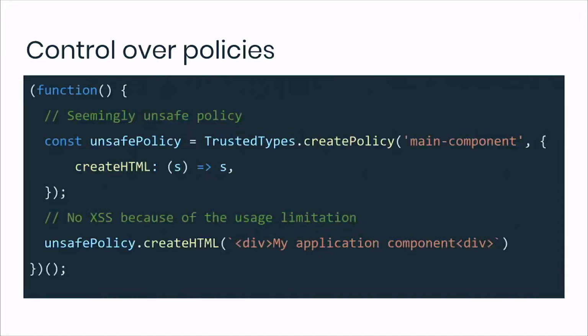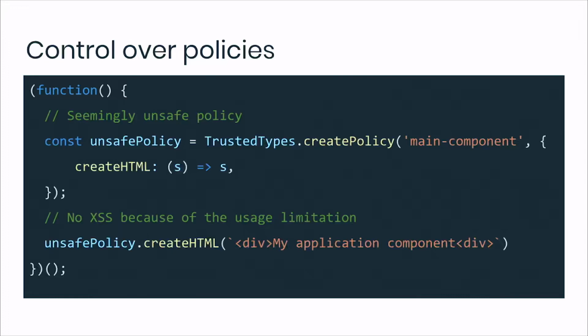Let's see an example. There's a policy that clearly is unsafe, right? It just takes any value with no sanitization and returns the same thing. However, we can argue that this code doesn't cause XSSs easily. Even statically, we can analyze that, because this policy never leaks outside of this function body, and this function body only is using it in this particular thing that doesn't contain any XSS whatsoever.